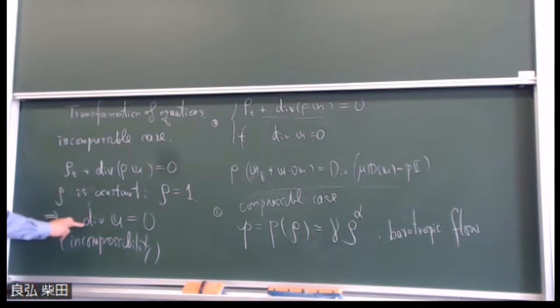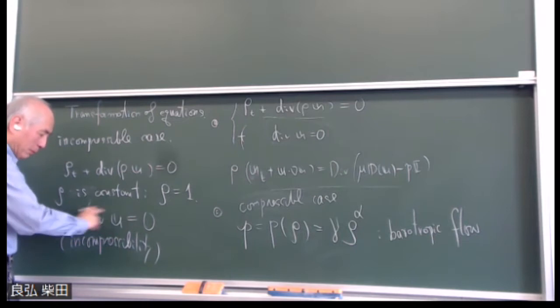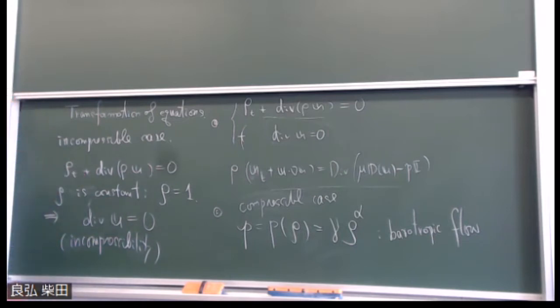And then naturally you get the incompressibility from the conservation of mass. So this is the simplest case, and many people work on it. So again, rho is a positive constant and the divergence equals 0.